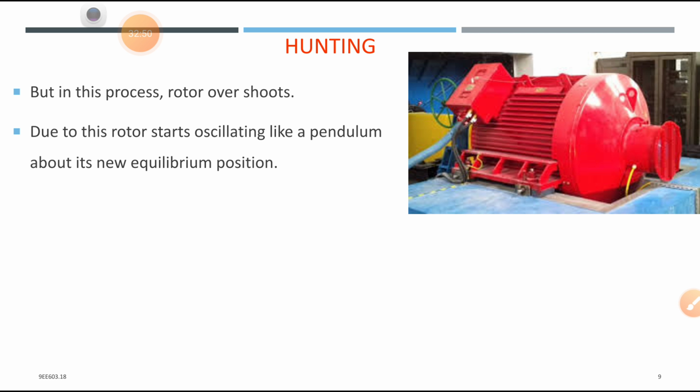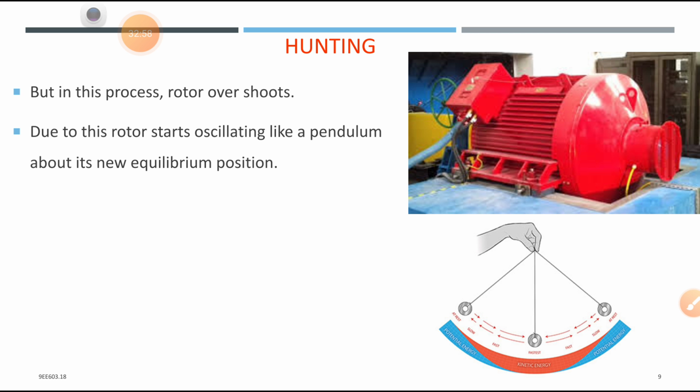What do you mean by pendulum? We have seen it in the physics laboratory in first year, about its new equilibrium. You can see this pendulum moving in either direction. Before settling at the center, it overshoots and undershoots, overshoots and undershoots. After the energy in the pendulum goes to 0, it comes to rest straight.